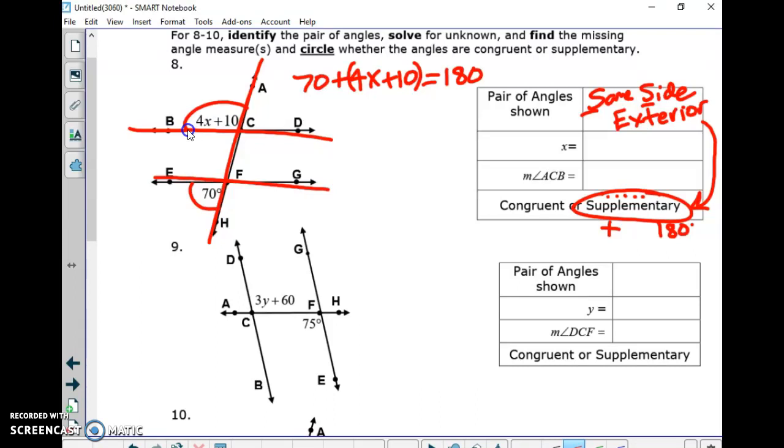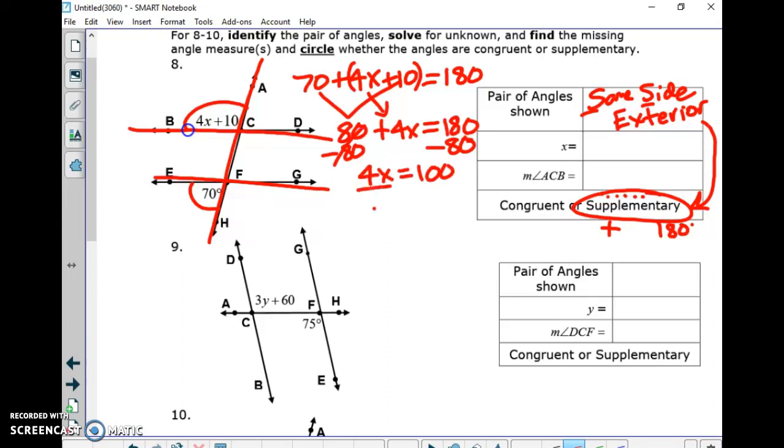Now we're going to have to combine like terms on the left side of this equation. 70 plus 10 is 80. Bring down 4x plus 4x equals 180. We got to get rid of our loner 80, so minus 80, minus 80 gives me 4x equals 100. And then get rid of that 4 by dividing, and x equals 25.